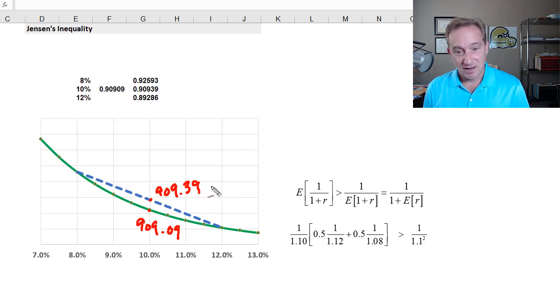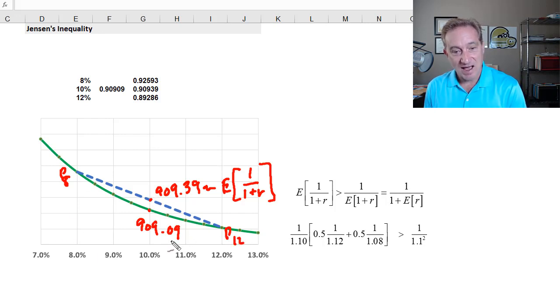The higher value is approximately the expectation of 1 over 1 plus the rate, or in other words, the expectation in terms of the prices: price at 8, price at 12. This point, being halfway horizontally, is the average or the expectation in terms of the price function.